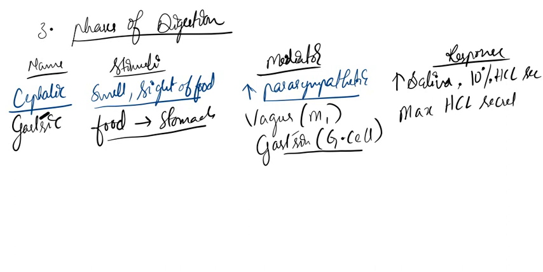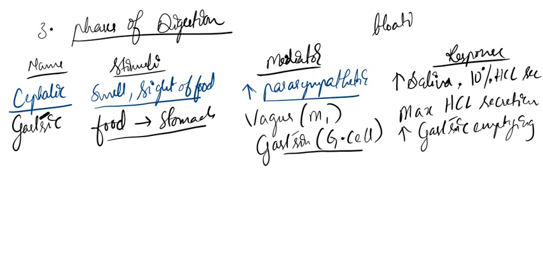Remember, as well they increase gastric emptying also. Why? Because the food is actively coming towards the stomach. If the stomach does not empty actively, obviously it leads to stasis, which leads to bloating of the stomach. You have heard about so many patients who come to the OPD with the complaint of fullness of stomach.